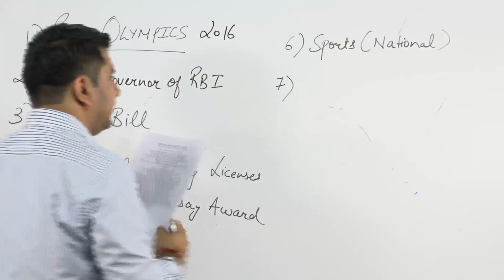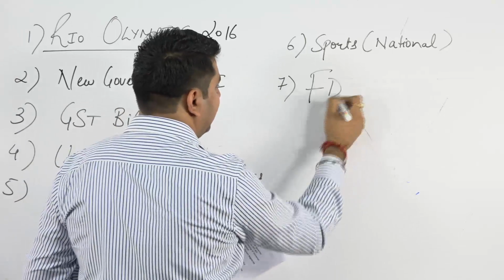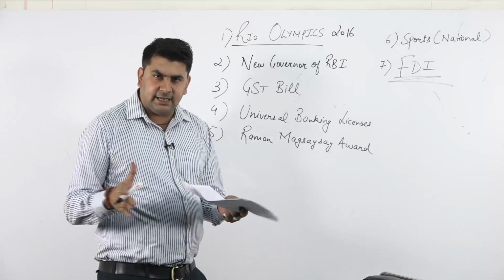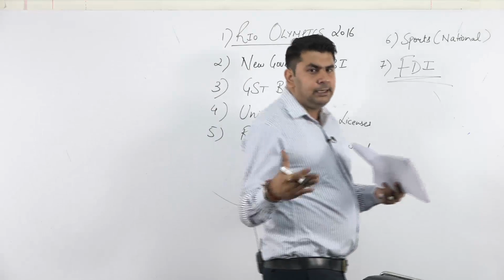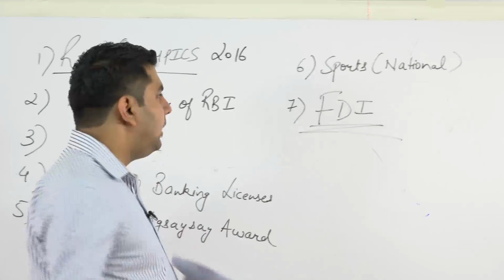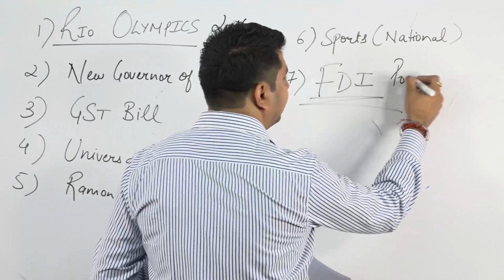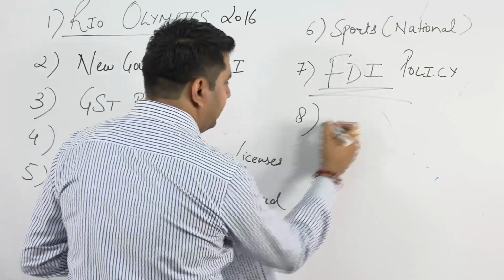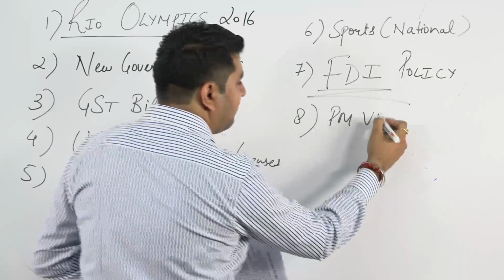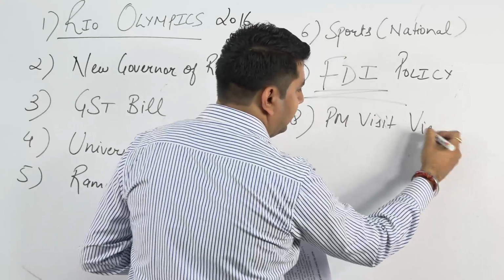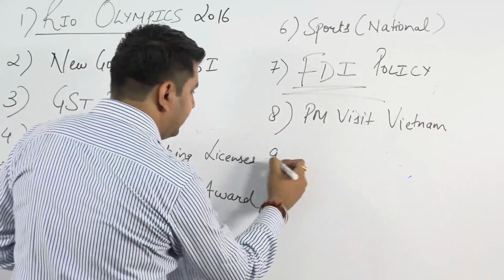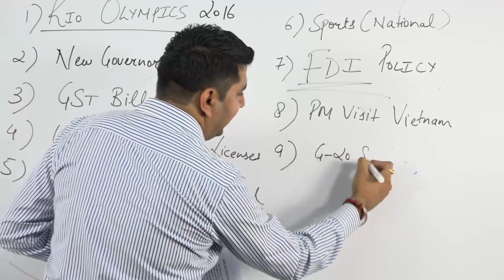Now the next one, changes in FDI. Students, mark this, it is very important. The FDI policy has changed. Some new percentage is now there, so you have to cover the FDI policy. Now the next topic, PM visit to Vietnam. Now the next topic, G20 summit.